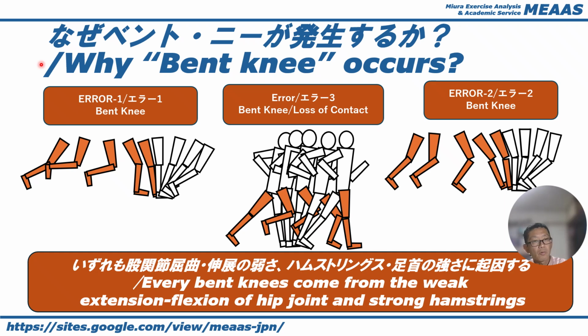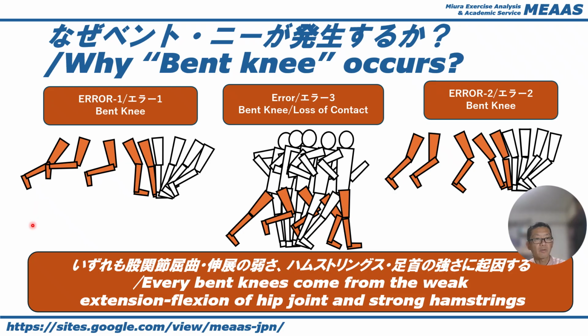This slide concludes all three patterns of bending. It is common among these patterns that every bending comes from the weak extensor and flexor muscles of the hip joint and the strong hamstrings.